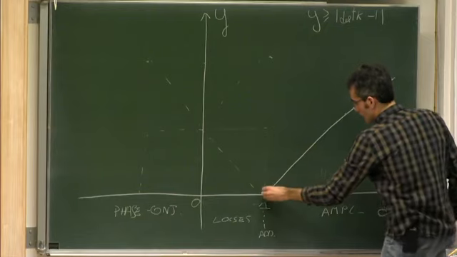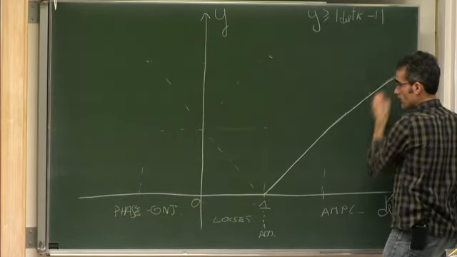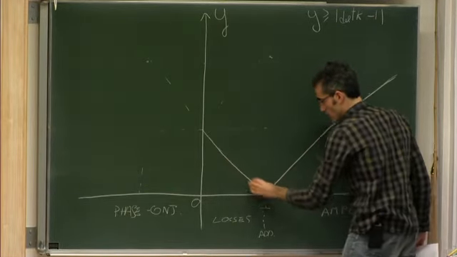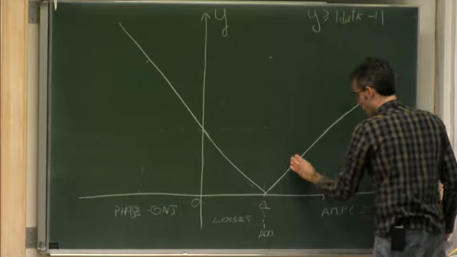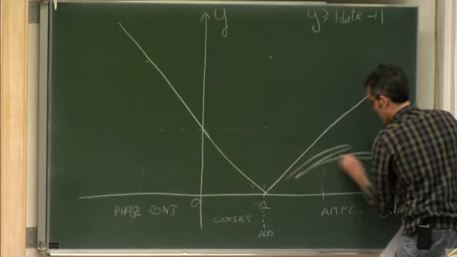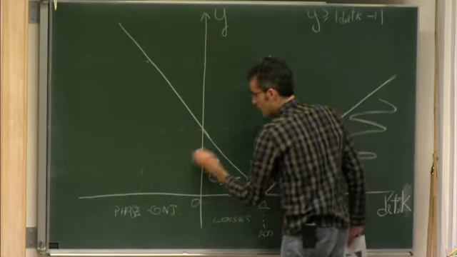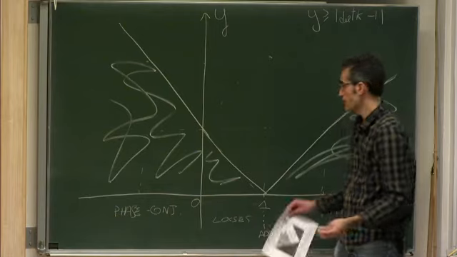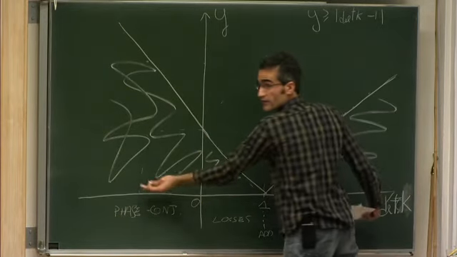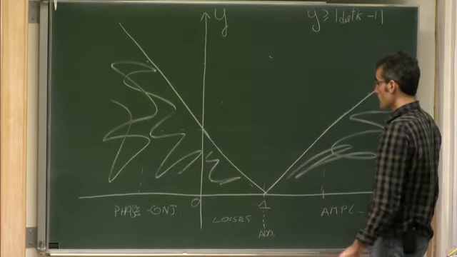So somehow you have a boundary here, and another one here, and here. All the states that are in this region are non-physical. It means that there is no physical map that exists in this lower part.